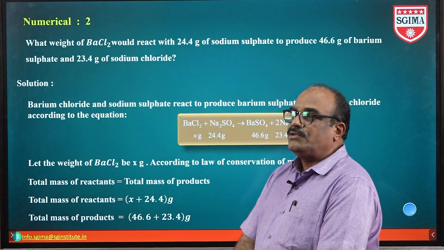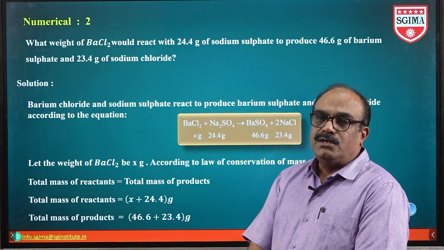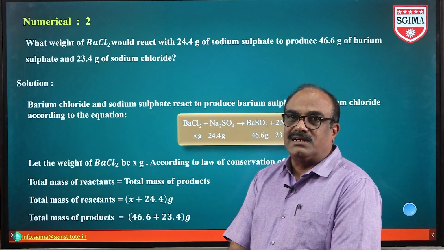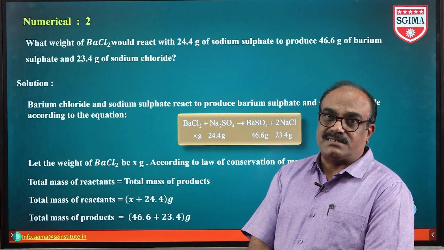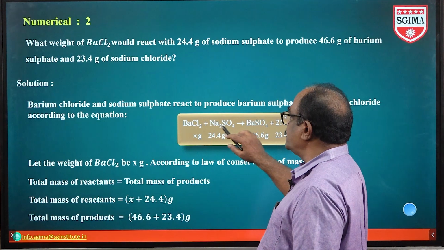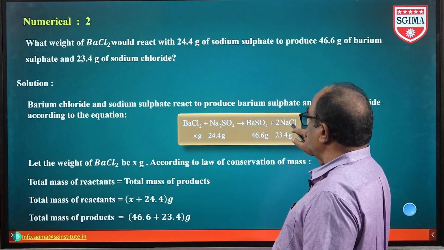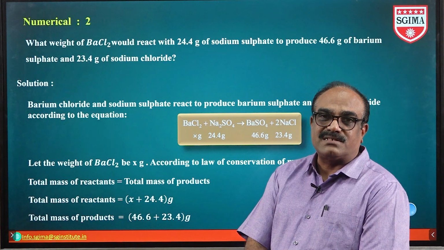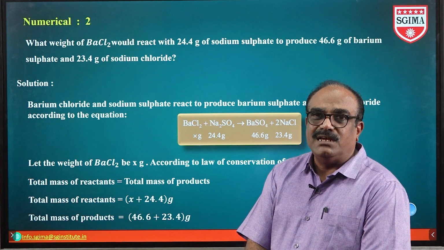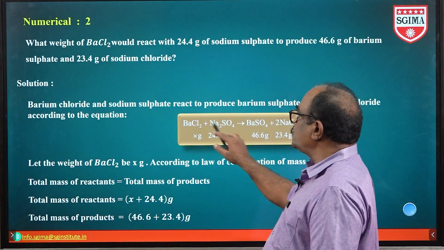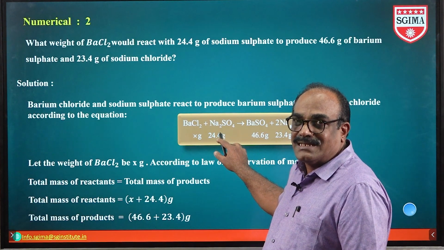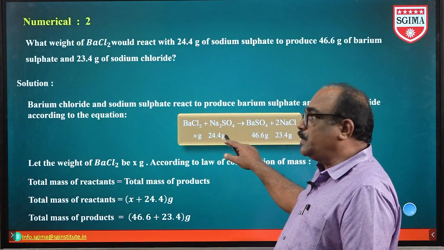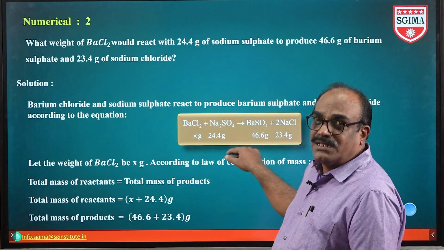Here, we need to remember one important point. No chemical reaction will occur in solid phase. Though I am writing BaCl2 and Na2SO4 as reactants, and BaSO4 and NaCl as products, the meaning is that both reactants are taken as aqueous solutions, that is water solutions, and the products produced will also be in water.